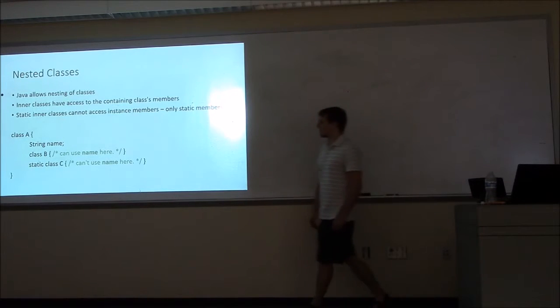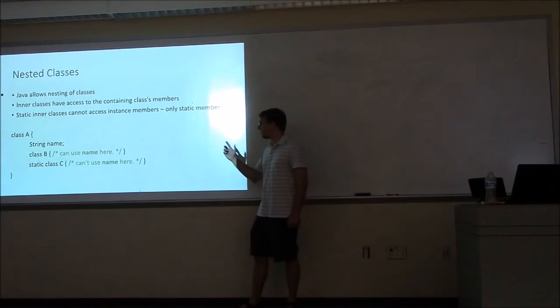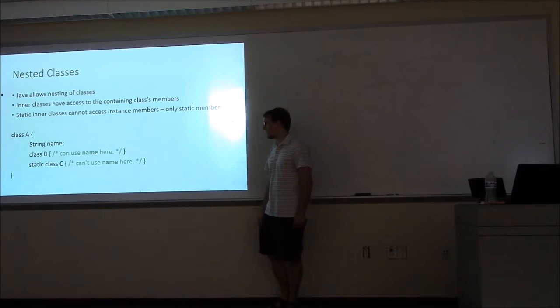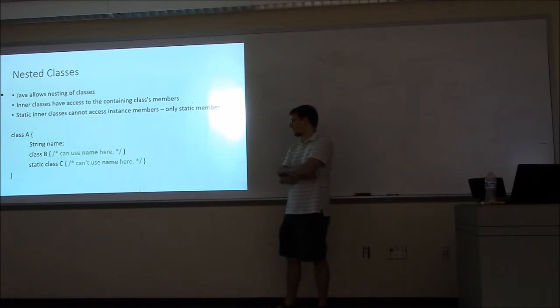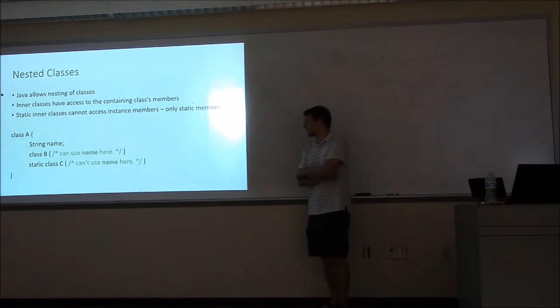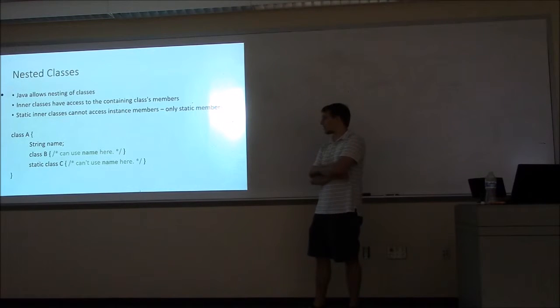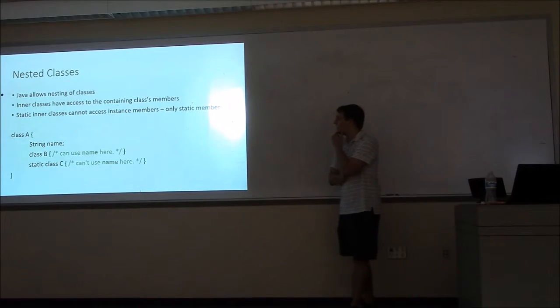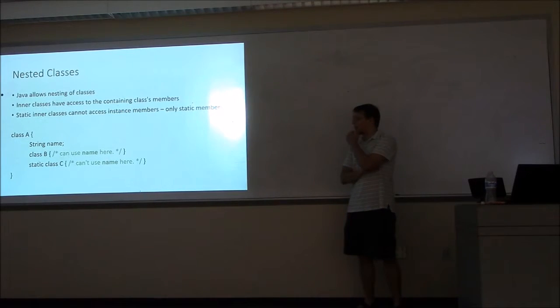So, for instance, class A has a field string name, and then it has two inner classes B and C. Since B isn't marked static, it can access the name variable inside its own methods. Whereas with class C, since it's marked static, it can't access that variable. Any questions about that?